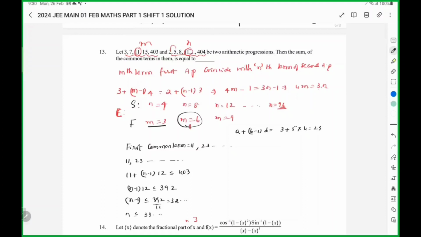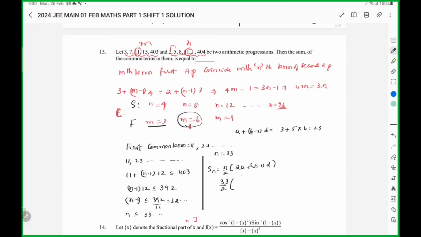That means the number of common terms will be at the most 33. So the sum is n by 2 into (2a plus (n minus 1) into d).